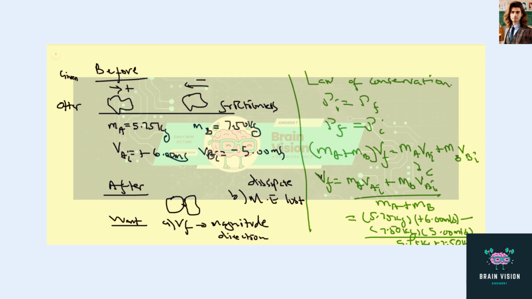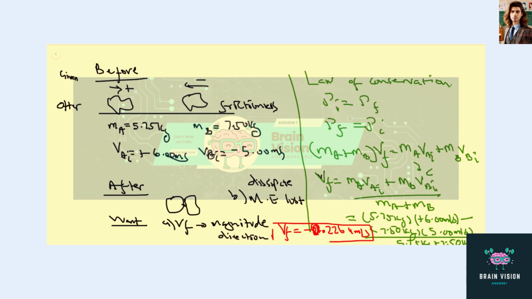And that gives us a final solution where the final velocity is negative 0.2264 meters per second.